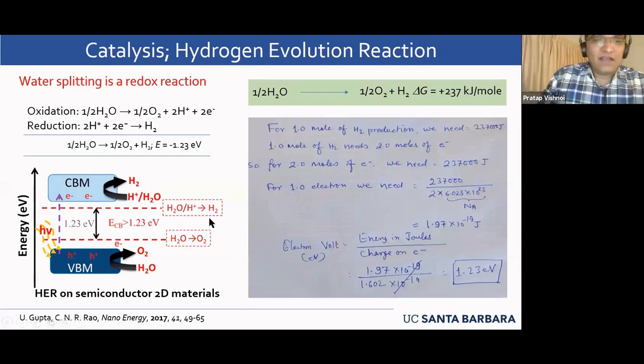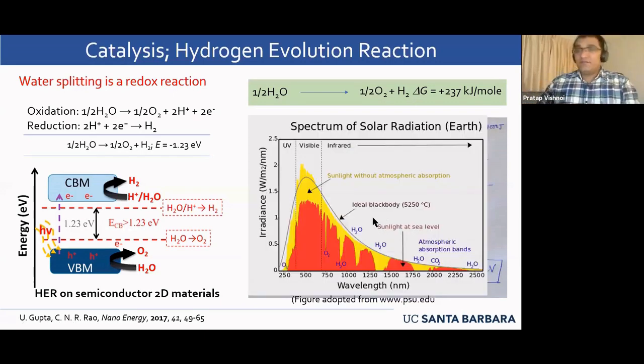Now one may ask whether the solar spectrum which we receive on the Earth has the energy which is required or not. Of course it has. Just look at the solar spectrum which we have on the Earth on a sunny day. Whichever energy it is, it corresponds to nearly 1,000 nanometer, and this entire spectrum we see on Earth.